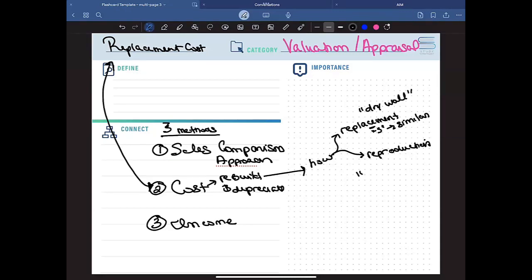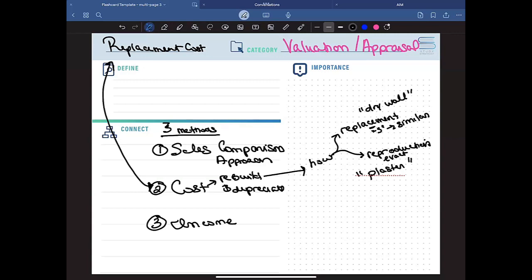Or are they going to find somebody who even has the skill to do plaster walls? So a reproduction would be an exact copy. The replacement, you're finding similar. I mean, drywall, plaster, at the end of the day, you're covering the studs. How does that feel? That feels good.